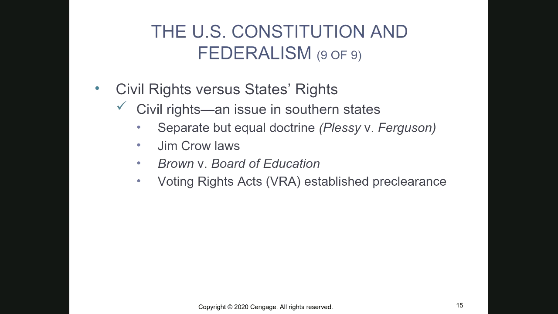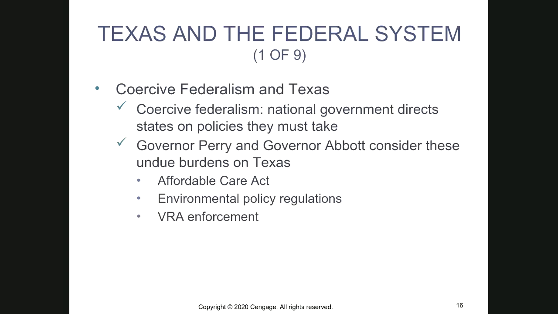So these are some of the things that lead people to feel like this is no longer cooperative federalism, maybe this is coercive federalism. Coercive federalism is just this policy where the national government directs states on policies that they have to take. And it's met with a lot of resistance, particularly in southern states, and Texas is no exception to that.